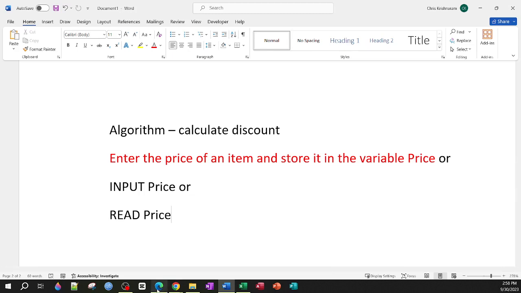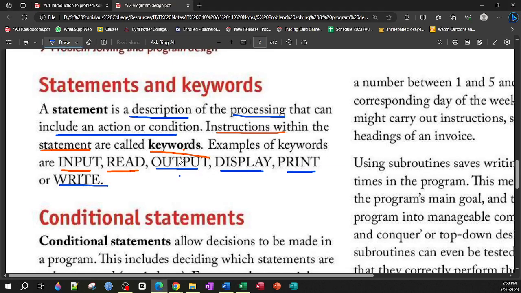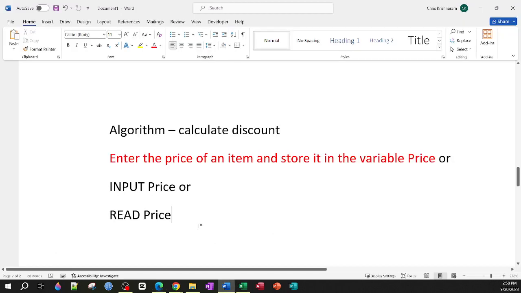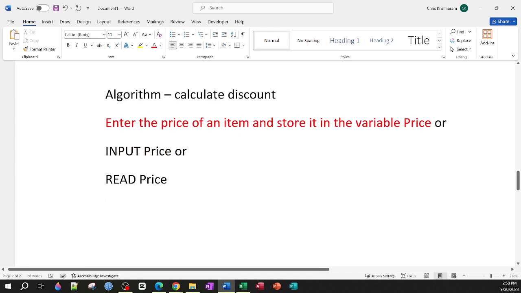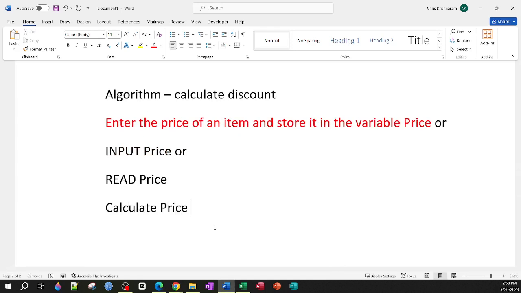Yes, sir. All right. Now the keywords output, display, print, and write, as mentioned, they all indicate you're getting data out of the computer. So we can say input price, and then we can say calculate price times discount. So that's going to be multiplied, and we can say store it into discount price.